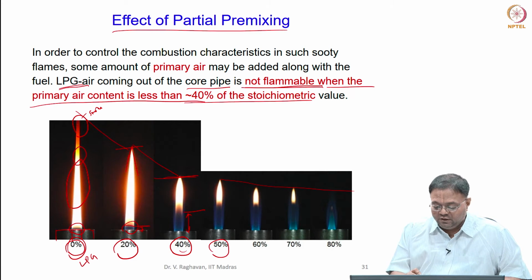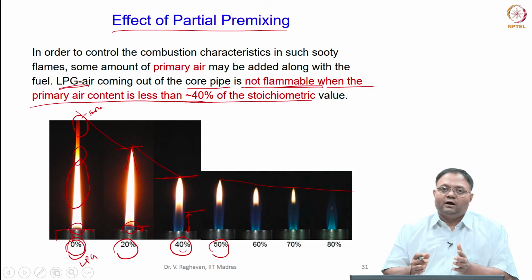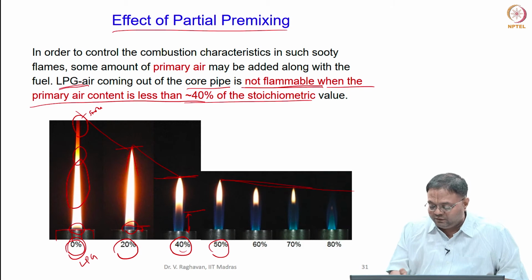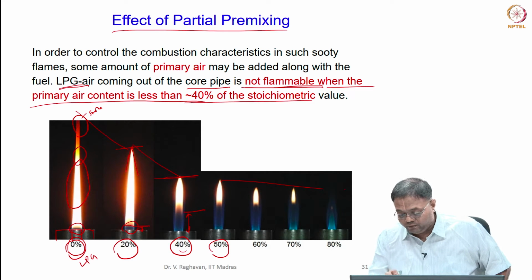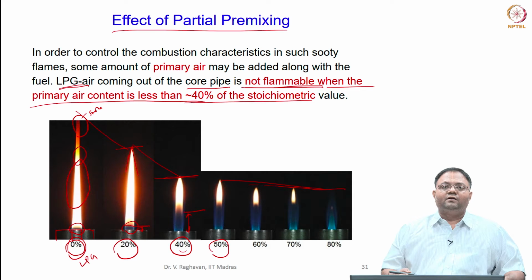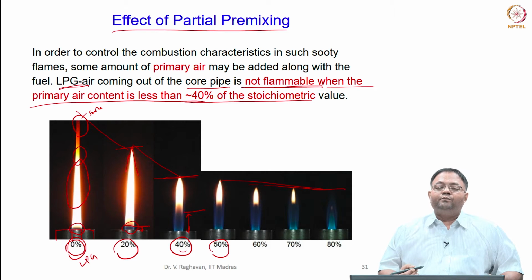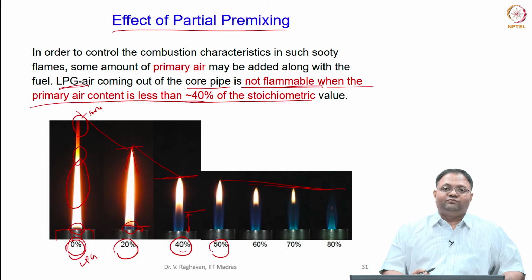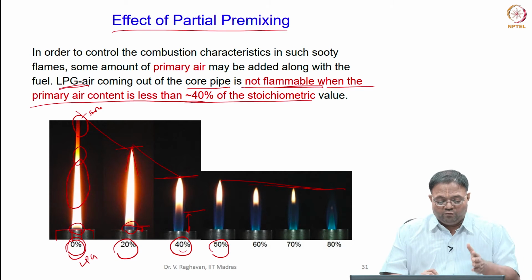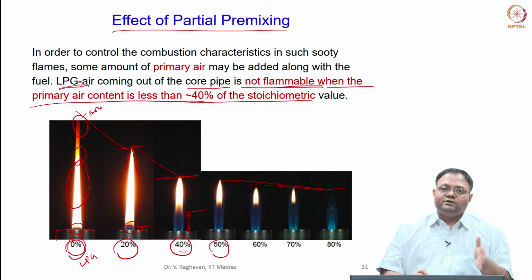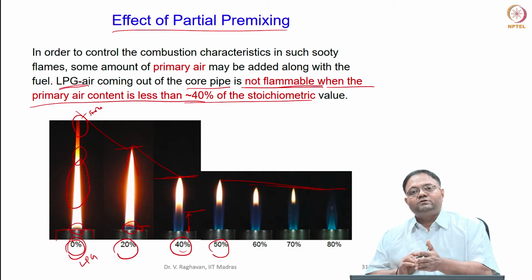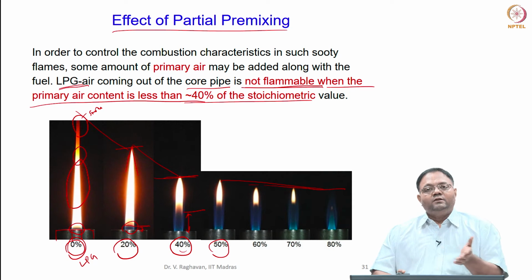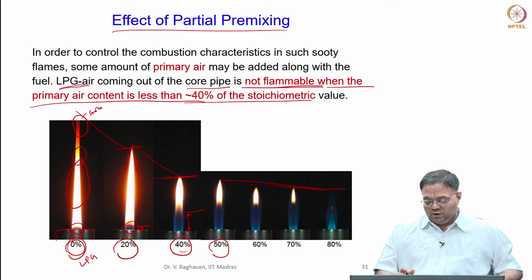But after this, when it enters the premixed combustion regime, you can see the flame length is not much affected, because the laminar burning speed etc. will be the characteristic, not the flame extent. Once you burn in the diffusion controlled regime, the flame length will be the important characteristic. When you go towards the premixed regime, the laminar flame speed will be the important characteristic.